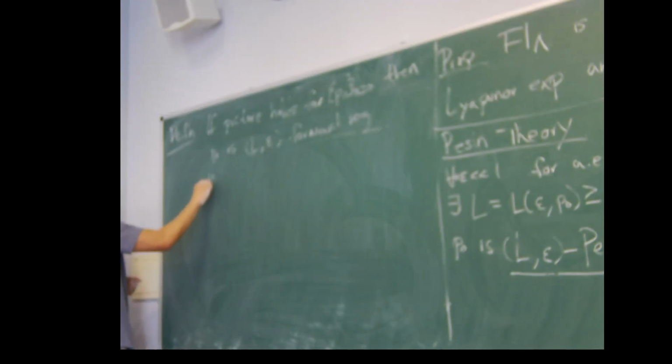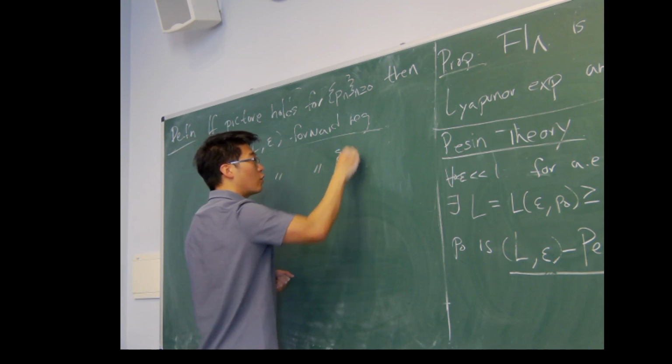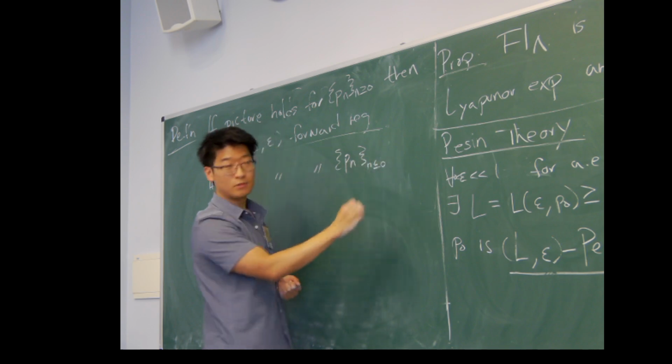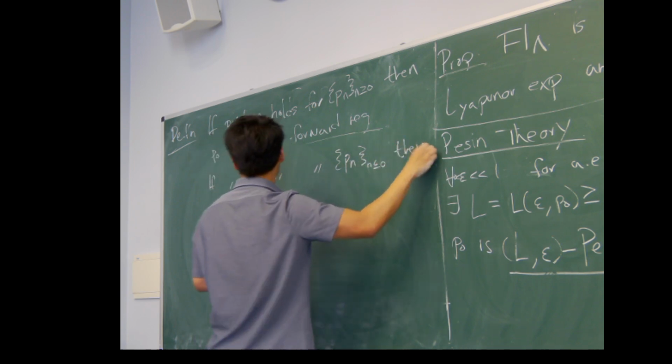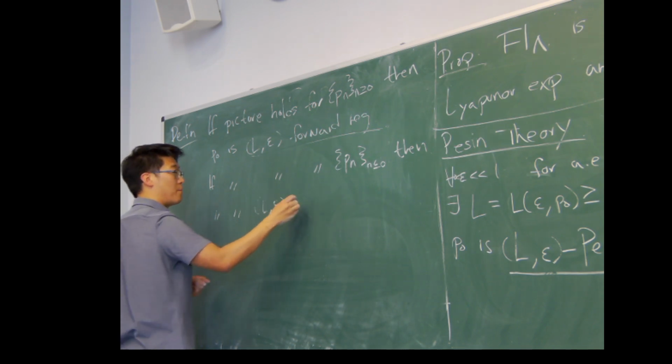And if the picture holds for the backward orbit of P naught, n less than or equal to 0, then we say that P naught is L epsilon backward regular.